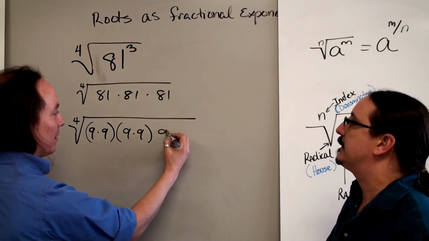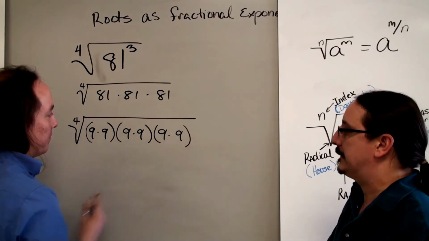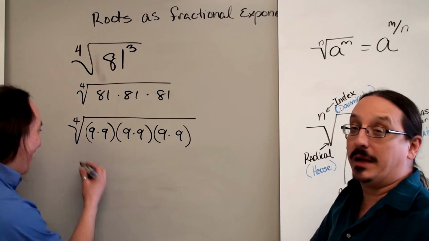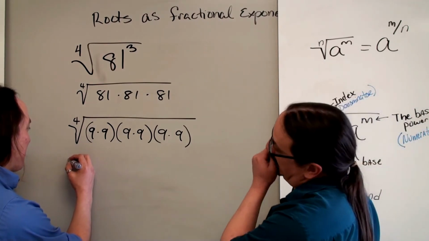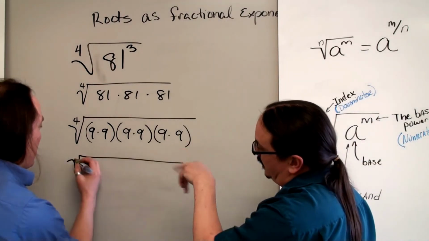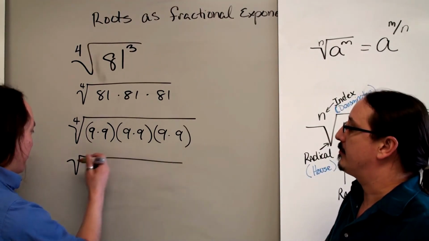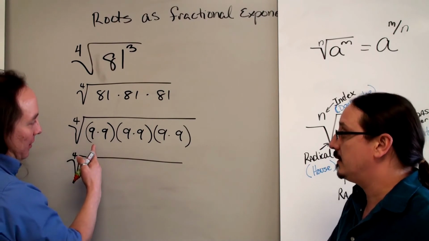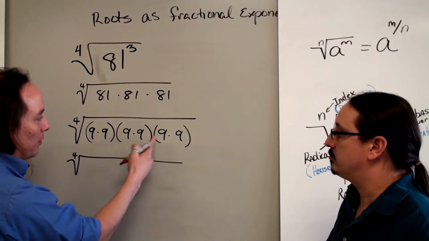I have 3 sets of these. Maybe I didn't need to go that far. No, I like what you're doing. I could say this is 9 to the 1, 2, 3, 4, 5, 6.